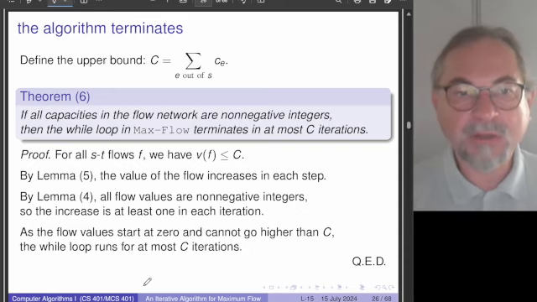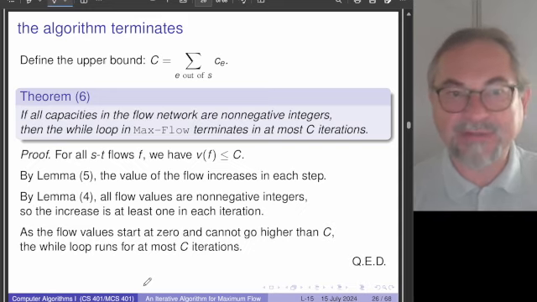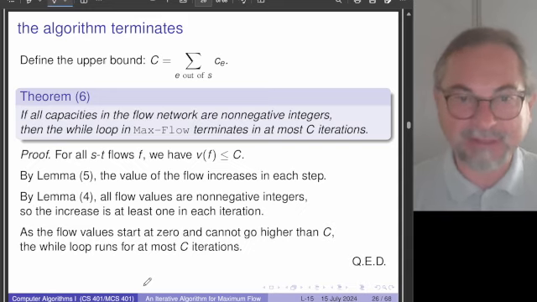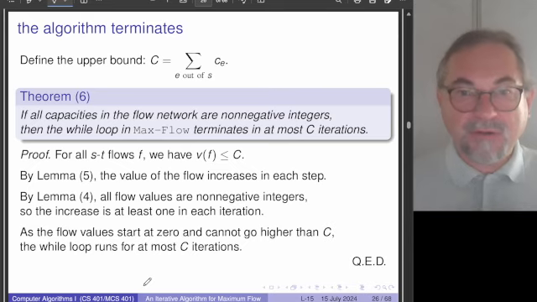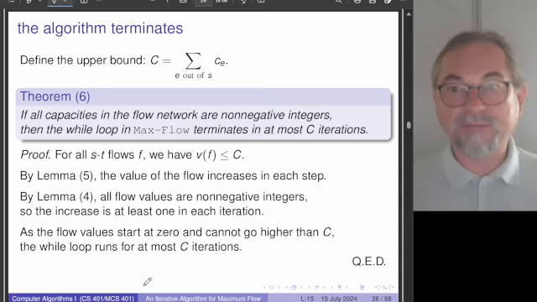Let's go carefully through the proof, simply observing that since this is the sum of all the capacities, the value of the flow can never exceed that big C. Initially it is 0. The previous lemma stated that the bottleneck is always positive if there is a path.